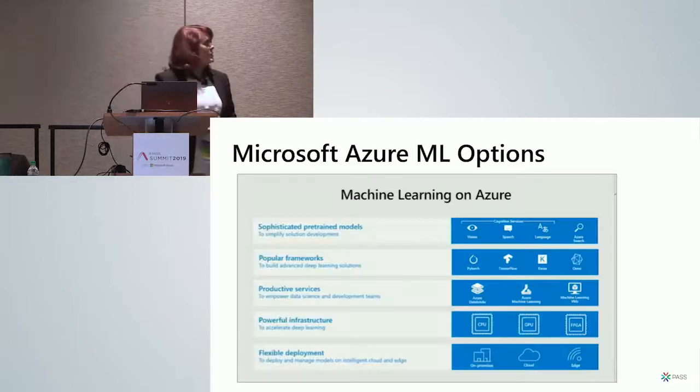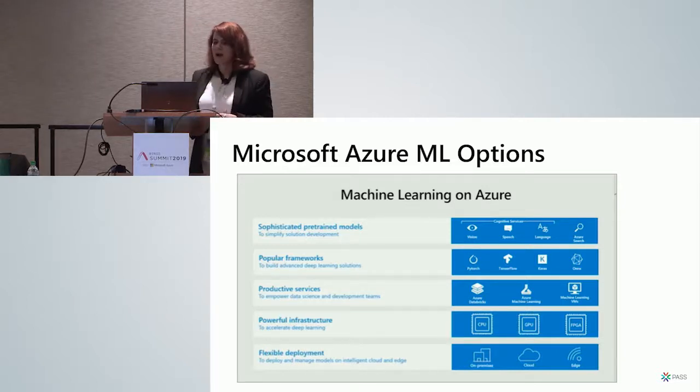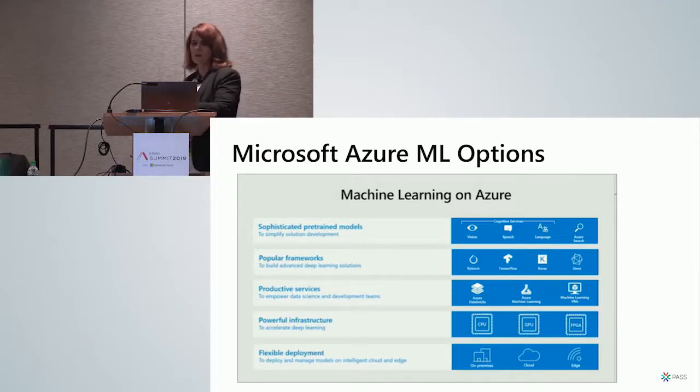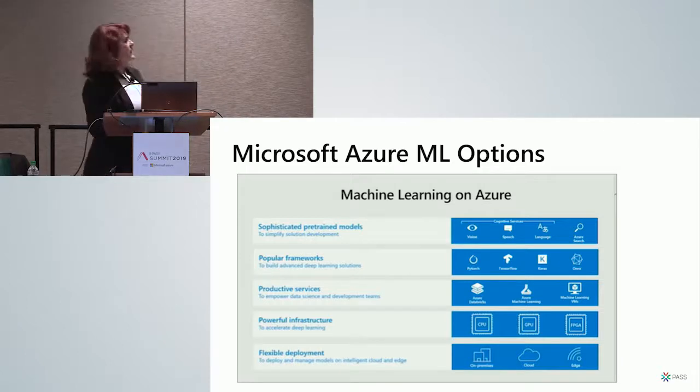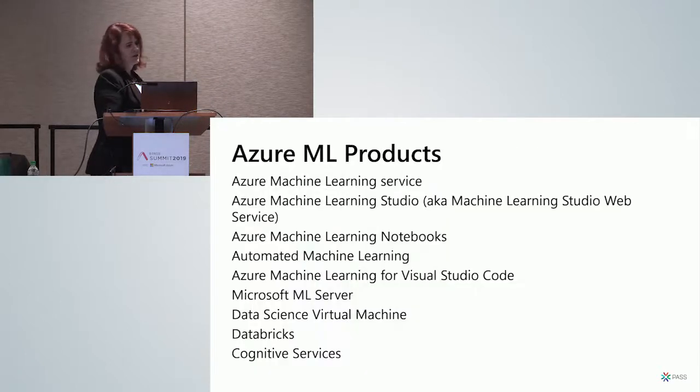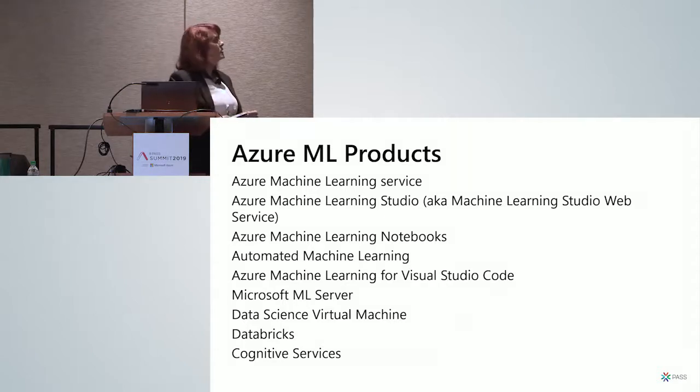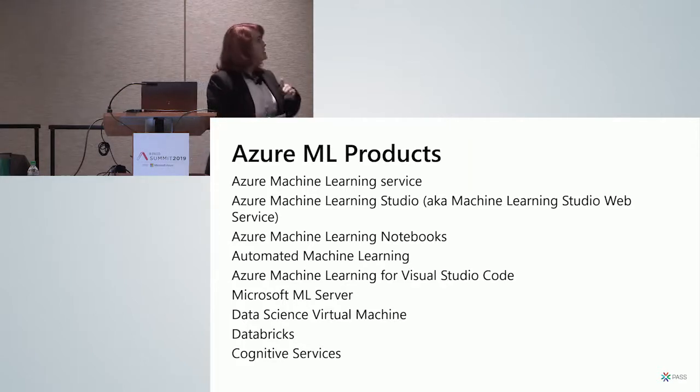If you look at what Microsoft says for Azure ML, they have a whole bunch of options. I know you can't really see them all up there, but they have a whole bunch of little boxes: that's ML, that's ML, that's ML. But really, it comes down to this. They've got the Azure Machine Learning Service, which they are now calling Azure Machine Learning, most places.